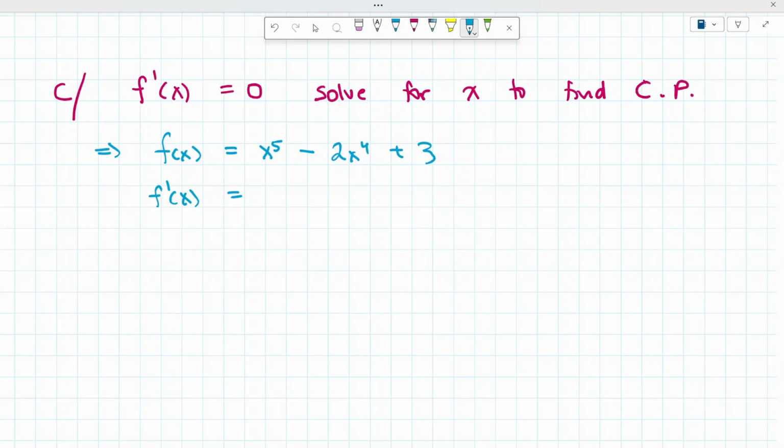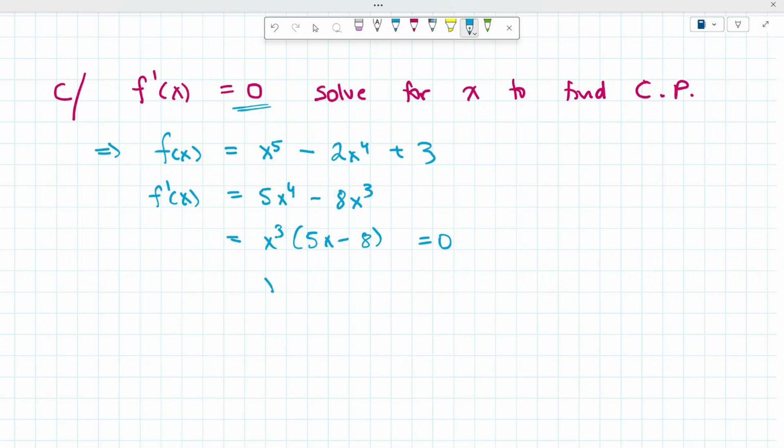Okay, so following power rule, we have 5x^4 minus 8x^3, and then plus 0. So what we can do right away is factor this. By factoring it, we can take out an x cubed, and then we have 5x minus 8 left. Following our point up here, we're going to set this equal to 0 and solve for x.